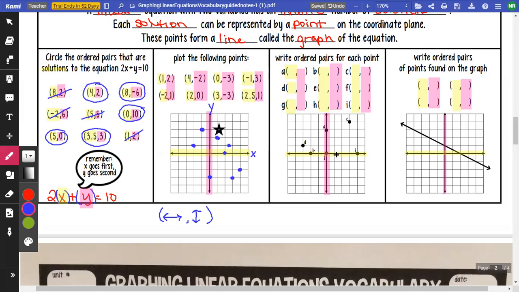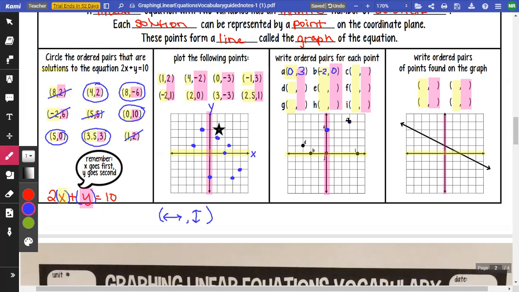Now they've given us the points and they want us to give the coordinates. So we've got to find A. Here it is. We didn't go left and right, but we did go straight up. So since we didn't go left and right, it's 0, straight up, positive 3. B, we went straight to the left 2, so that's negative 2. We didn't go up or down, 0.